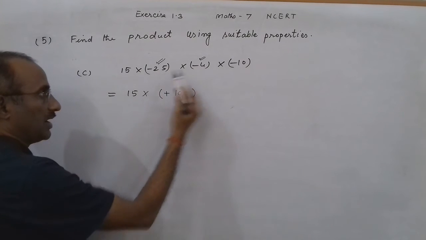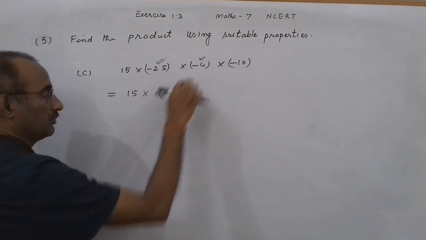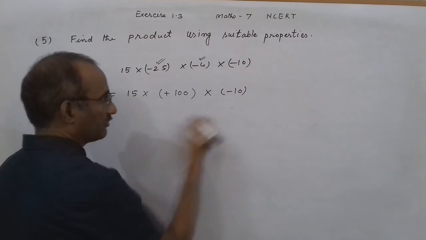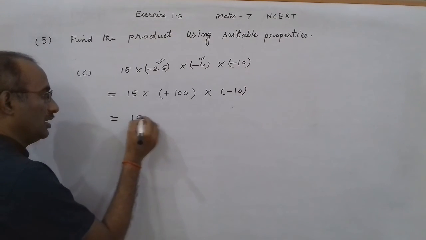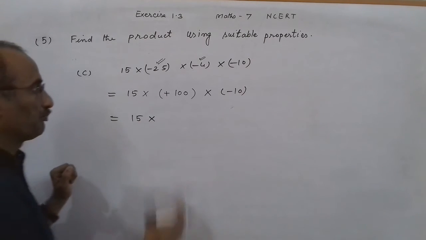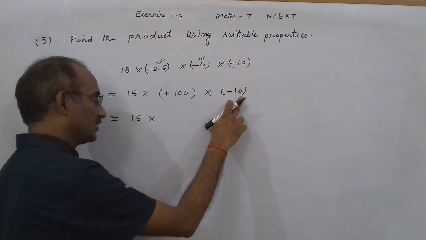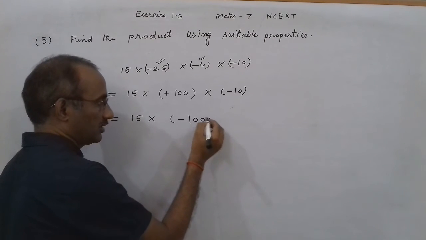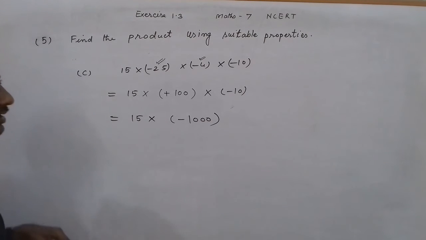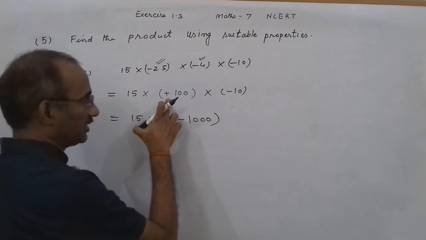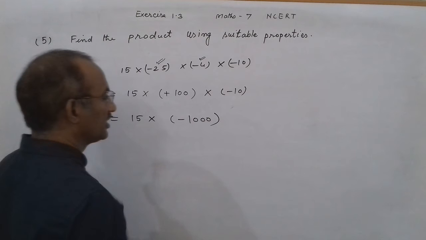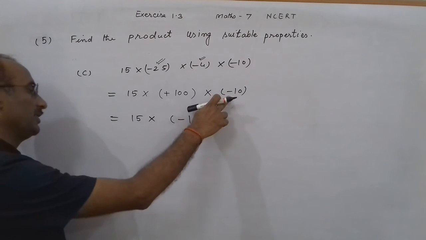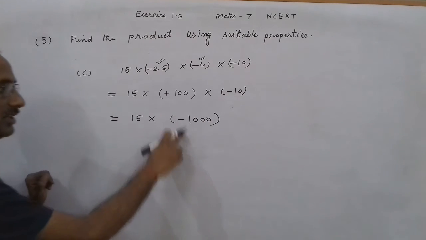Product of minus 25 with minus 4, we get plus 100 and multiplied with minus 10. Now if we multiply plus 100 and minus 10, then we get minus 1000 because plus 100 is a positive integer and minus 10 is a negative integer. The product of a positive integer and a negative integer is always a negative integer.